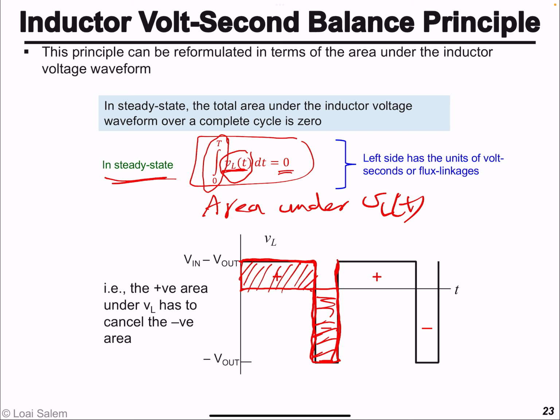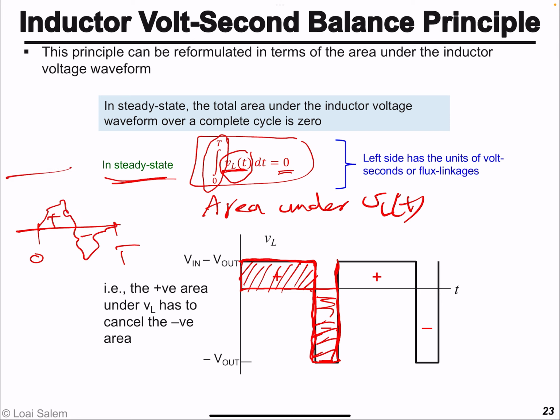Another conclusion of this fact, which is another way to state the inductor volt second balance principle: if we have a converter under steady state operation, we can expect that any inductor inside this converter will have a voltage across one complete cycle with some positive parts and some negative parts.